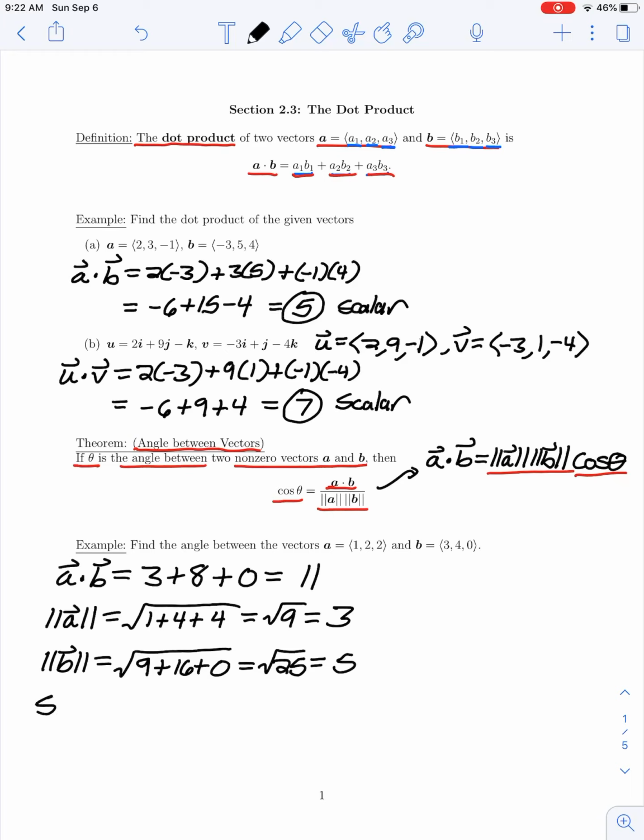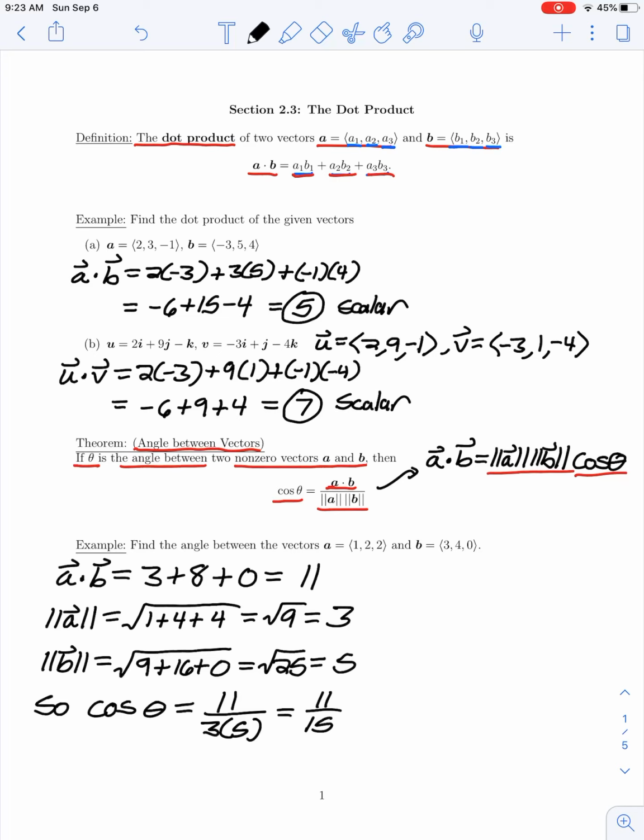Using our new theorem for the angle between vectors, if theta is the angle between these vectors, then cosine of theta is given by the dot product of A and B, which we found to be 11, divided by the product of the magnitudes of A and B. That would be 3 times 5, so we have 11 over 15.